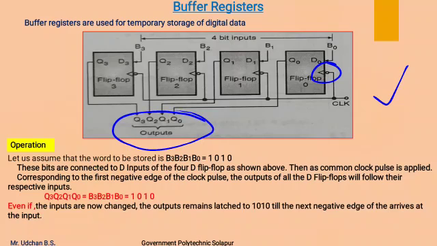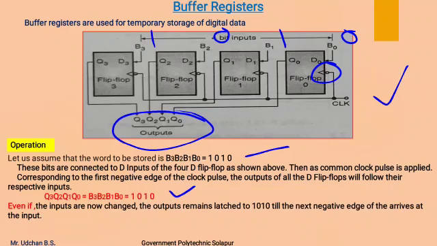So let us assume that the word to be stored is 1010. This data we are going to store in this register temporarily. These bits are connected to the D inputs of the 4 D flip-flops as shown in the figure. Then a common clock pulse is applied. Corresponding to the first negative edge of the clock pulse, the outputs of all the D flip-flops will be available as per their respective inputs, means we will get output as 1010.